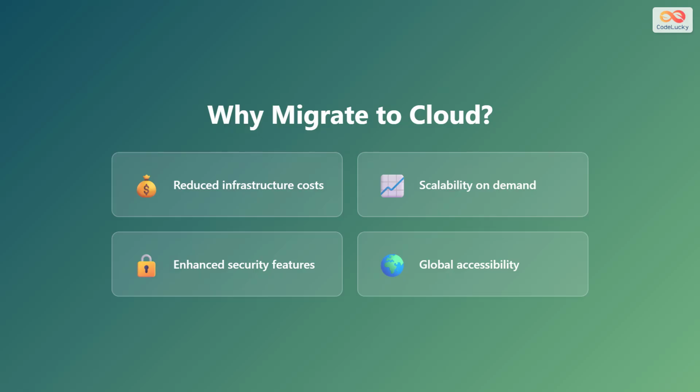Third, enhanced security features provided by cloud platforms often exceed what most organizations can achieve on their own, with advanced encryption, threat detection, and compliance certifications. Finally, global accessibility means your data can be accessed from anywhere in the world, enabling distributed teams and better disaster recovery options.